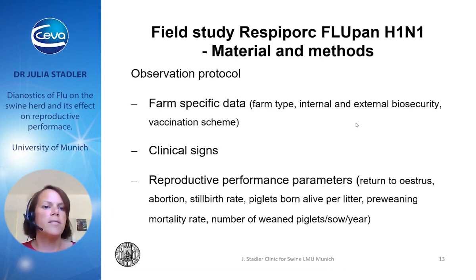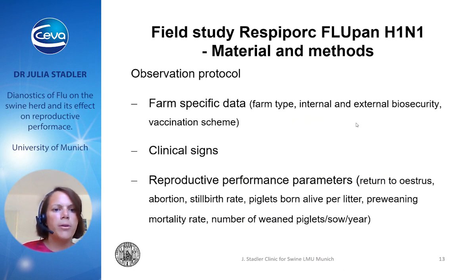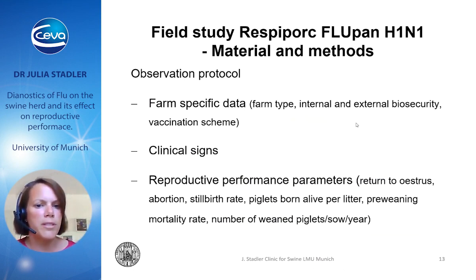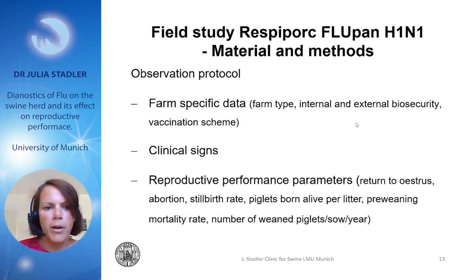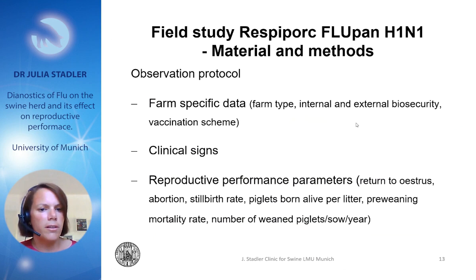The herd attending vets received an observation protocol from us, and this observation protocol was divided into 3 parts. In part 1, we collected farm-specific data, farm type, internal and external biosecurity, and the current vaccination scheme. In part 2, the clinical signs related to an influenza infection were qualitatively assessed.